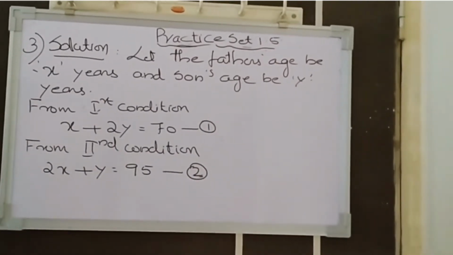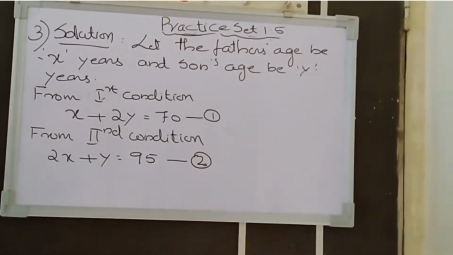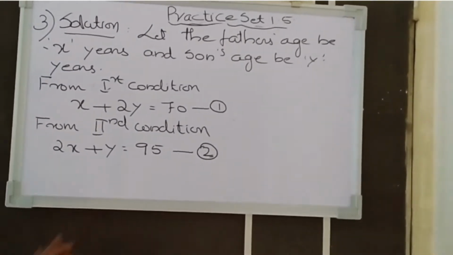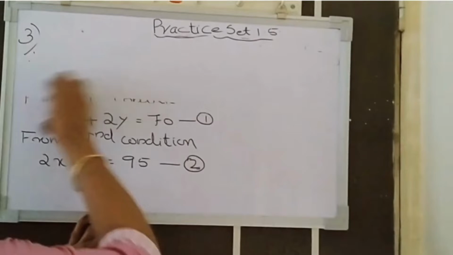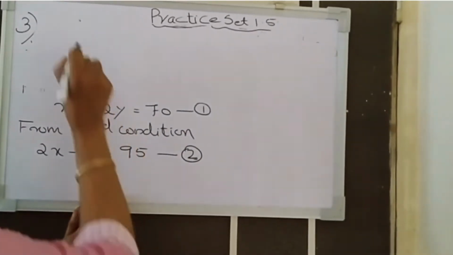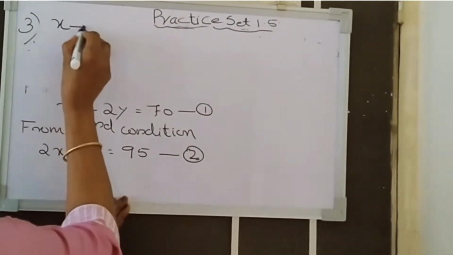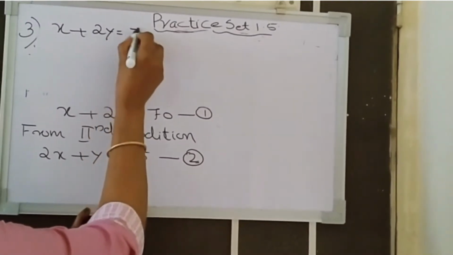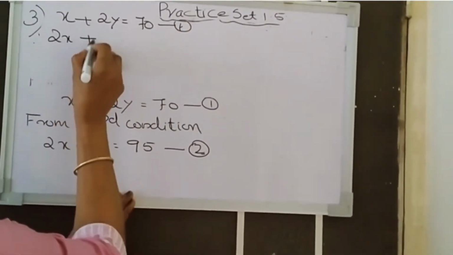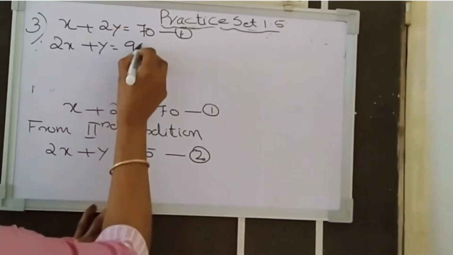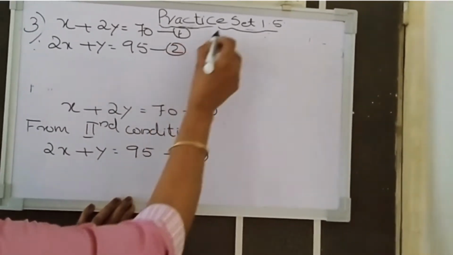I am writing the two equations together. x plus 2y is equal to 70, equation 1, and 2x plus y equal to 95, equation 2.